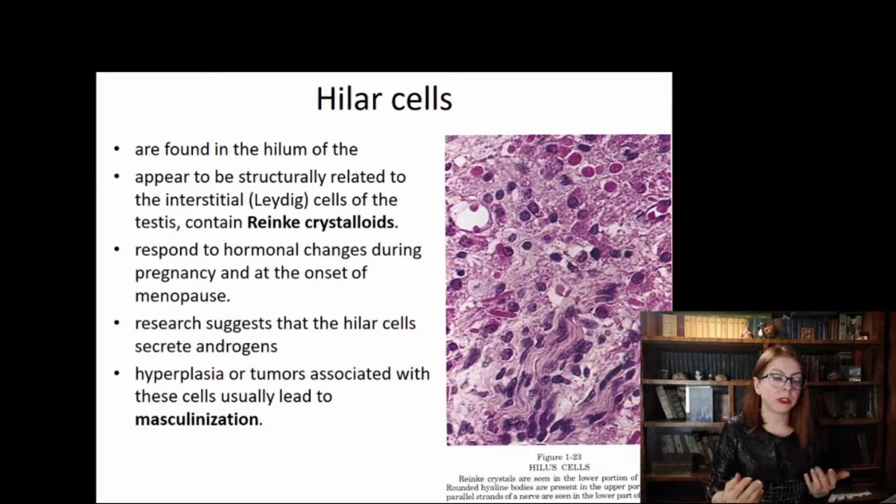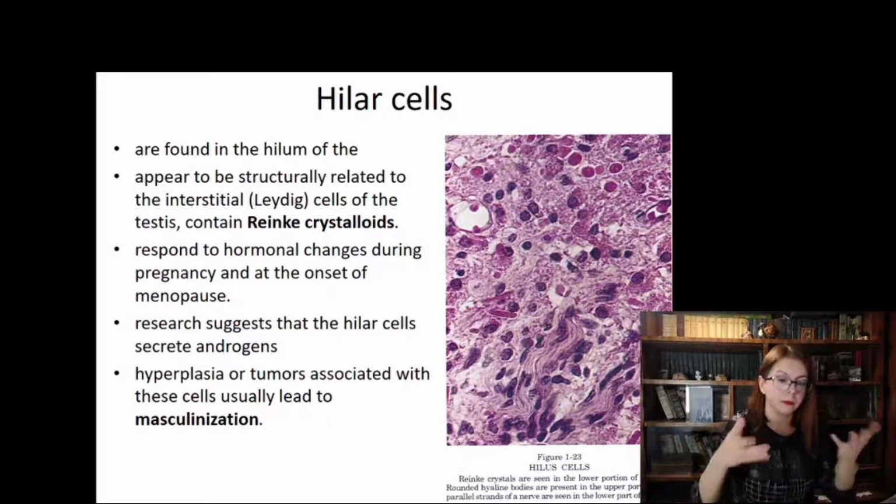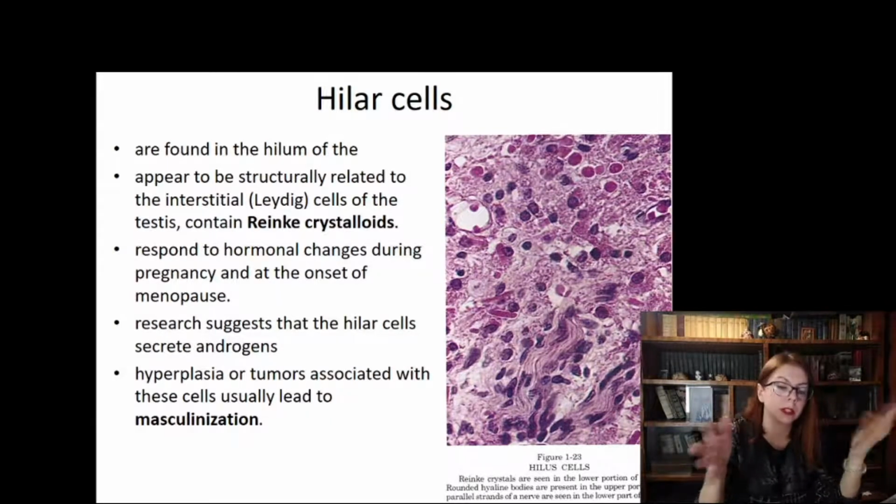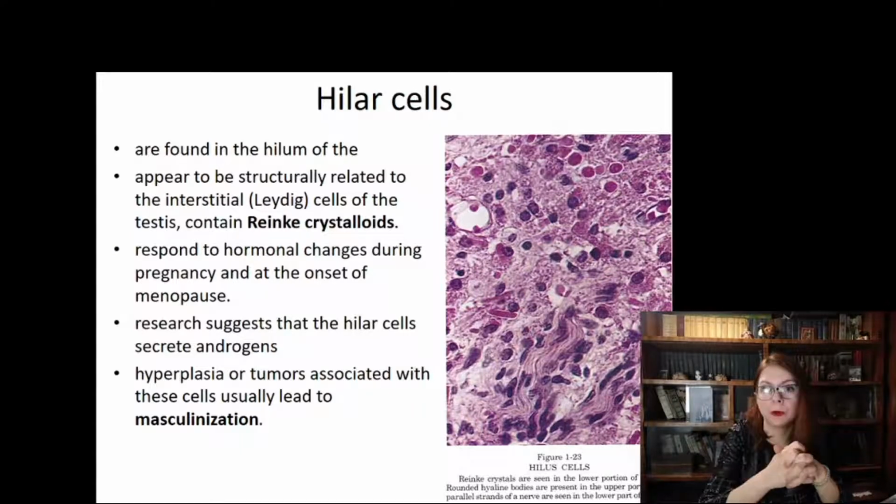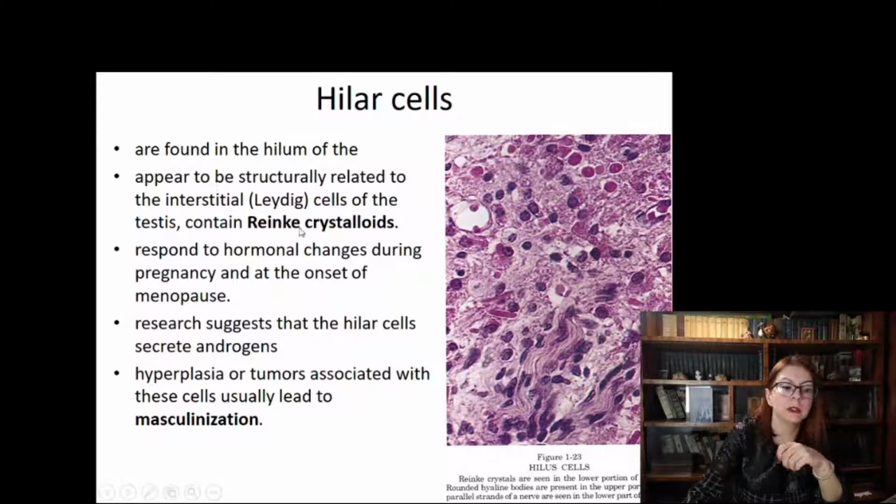In humans, some cells called hilar cells are found in the hilum of the ovary. Such cells are homologs of Leydig cells, as it is written here. They also contain Reinke crystalloids.